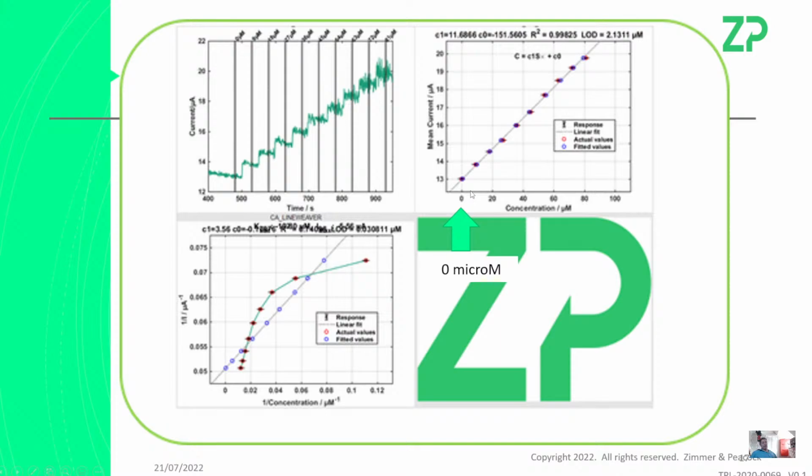So we're testing in that range, but you can see a clear differential between 0 and 10. That doesn't tell you that that's the limit of detection. It just tells you that I have some confidence that we can distinguish 0 from 10. The reason I'd say that is because you actually need quite a lot of data to calculate the limit of detection. Limit of detection is statistical analysis.